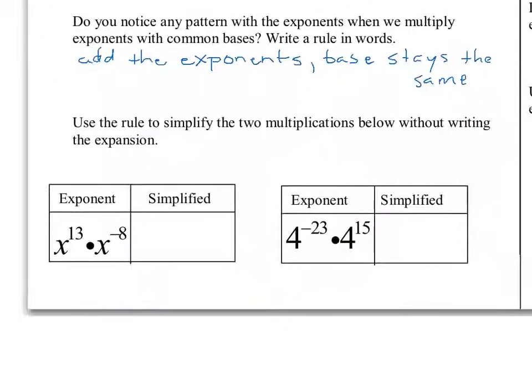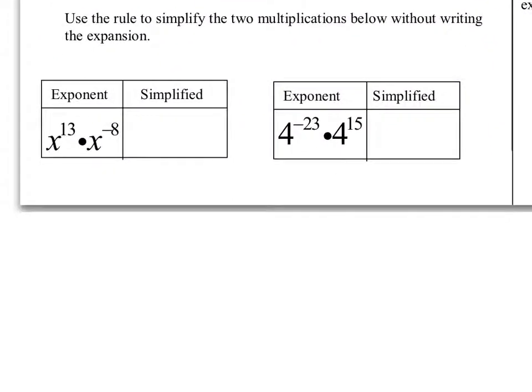All right. So looking at these two at the bottom that we would want to do only with the rule. With these particular problems, this would seem like too much expansion for me to really want to do it with expansion. So instead, I'm going to do it by the rule.